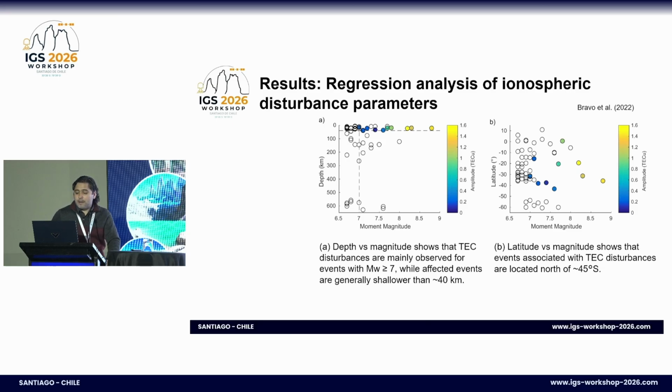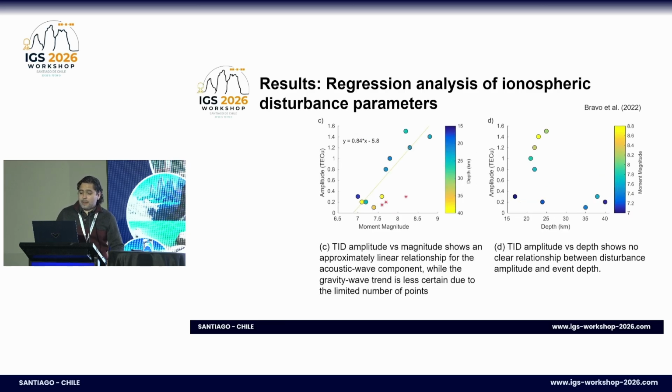In the right panel is latitude versus magnitude of the earthquake. Here it shows that the events associated with TEC disturbance are located north of 45 degrees south of latitude.